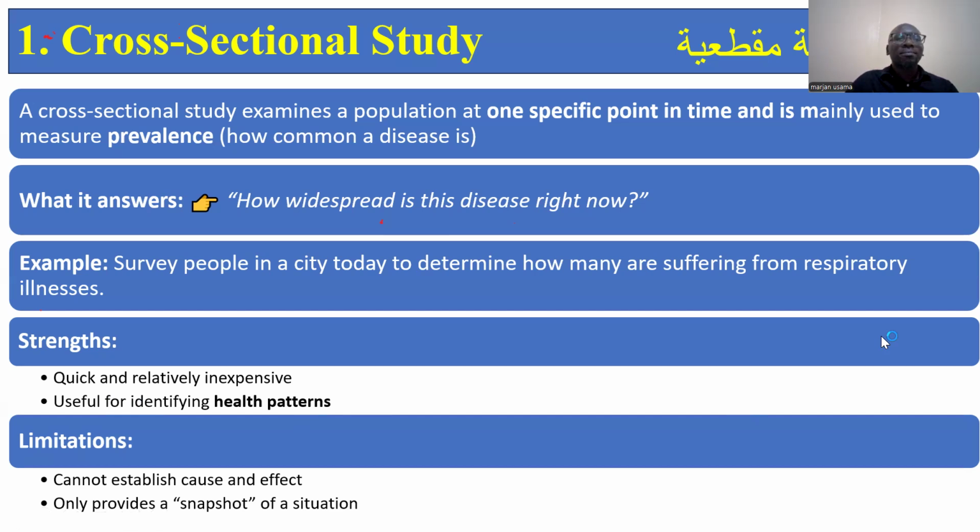Now, what are the disadvantages, limitations of this cross-sectional? It cannot establish a cause-effect relationship. Then the most important limitation is that it only provides a snapshot of a situation, because you are collecting the data today only.